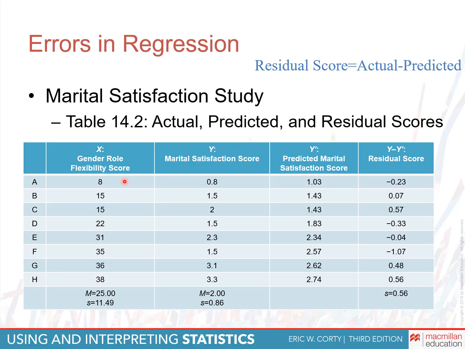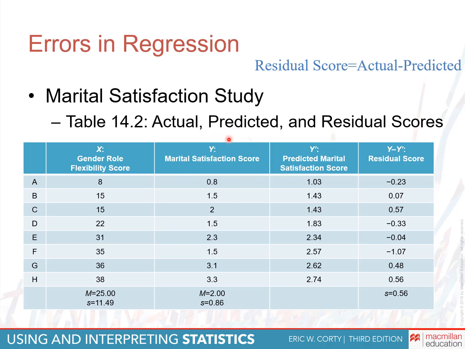And so for this study, we had gender role flexibility scores for each of the husbands, marital satisfaction scores for each of the wives. And then we can also come up with a mean gender role flexibility score and standard deviation to go with that mean, and then a mean marital satisfaction score with a standard deviation to go with that mean.